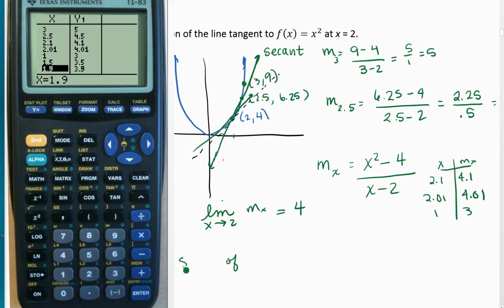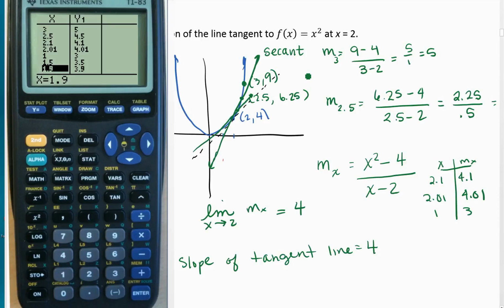Actually write that out as slope. Okay, so we're using a limit, right? We're using the limit of these secant lines to find the slope of the tangent line. Now, we were asked to find the equation of the tangent line. We want to find the equation of this black line.